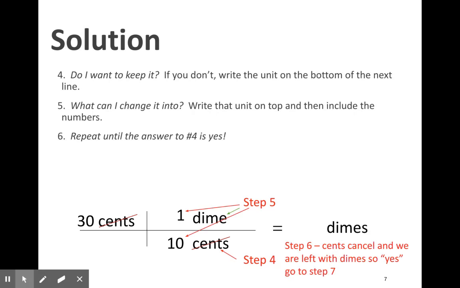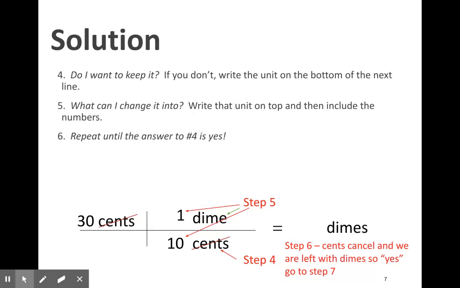So 1 dime is equal to 10 cents, and the cents from here is located at the bottom. Step 6 tells us that cents cancel, and we are left with dimes. So yes, we are good here. We are at dimes, and now we can go to step 7.